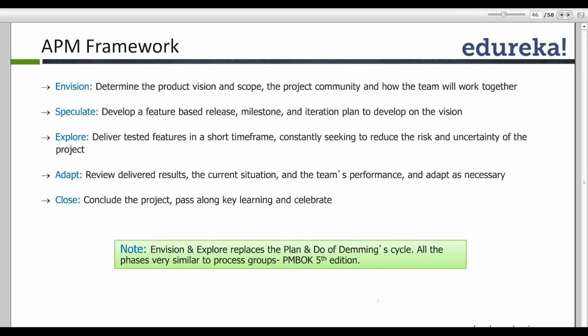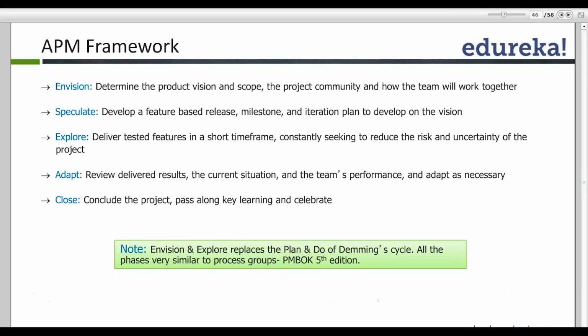Explore phase is where I will deliver tested features in a short time frame, and I will try to constantly reduce the risk and uncertainty of the project. Adapt phase, where I do monitoring and tracking. So I review the delivered result and the current situation, the team performance and adapt as necessary. And finally, in the close phase, I conclude the project and pass along key learnings and celebrate.